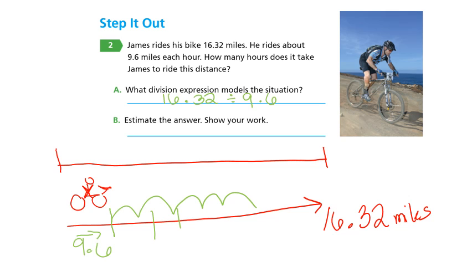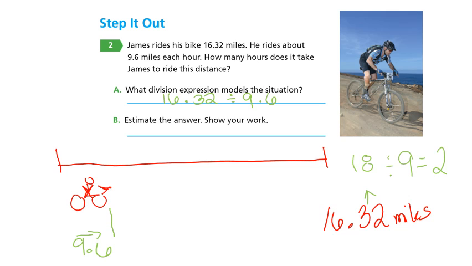I know that a multiple of 9 that's really close to 16 is 18, and I know 18 divided by 9 is 2, so I'm thinking he's riding about 2 hours, which doesn't exactly match my model, but I didn't really think about the estimation before I started. So we'll see if that makes sense. Okay, I'm going to think that my estimated answer is 2, and my work's over there.